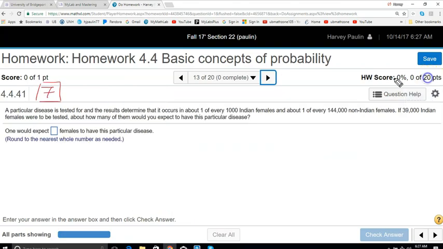Going on now to number 7, here a particular disease is tested, and 1 out of every 1,000 Indian families have the disease. 1 out of this many non-Indian families. But here we're going to be testing this many Indian females. So how many would you expect to have this particular disease?